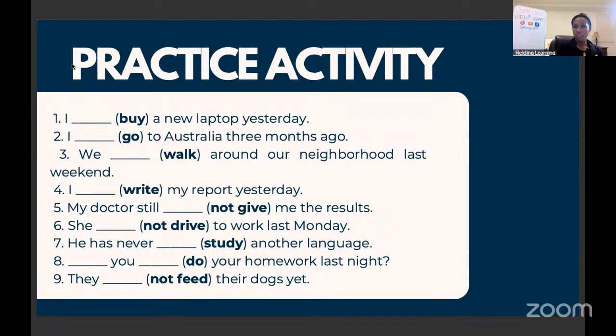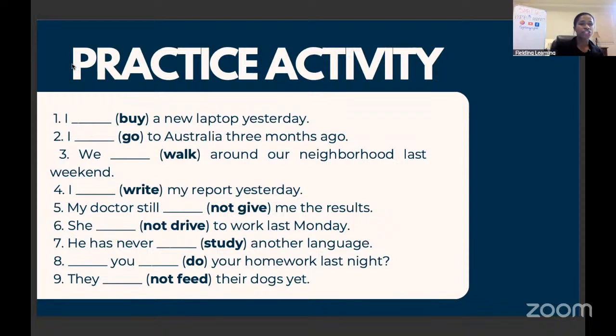Yeah, "has not given." Very good. Awesome. So "has not given," because the past participle of the verb "give" is "given."